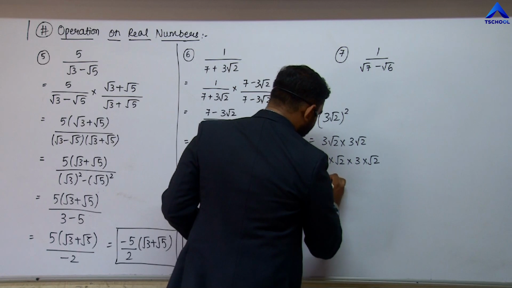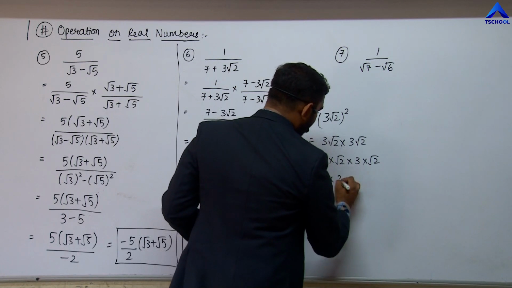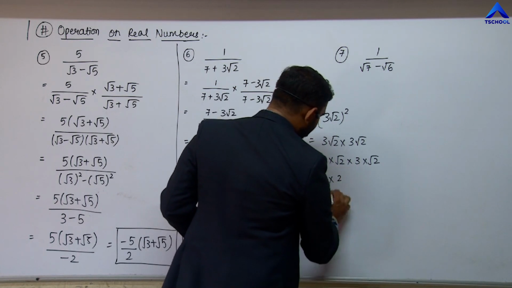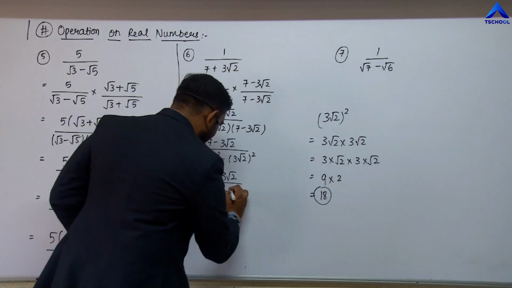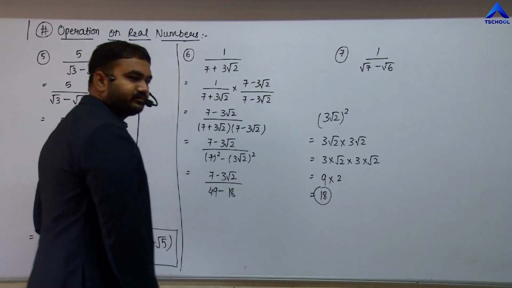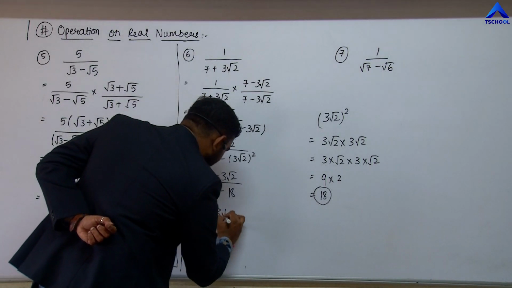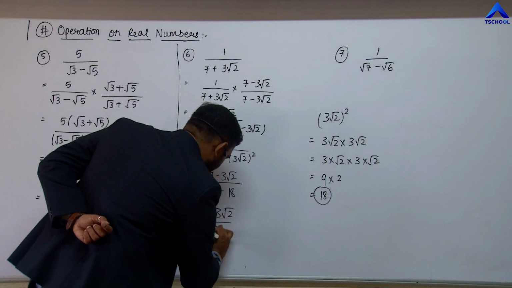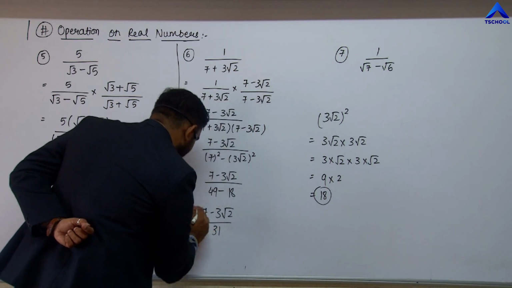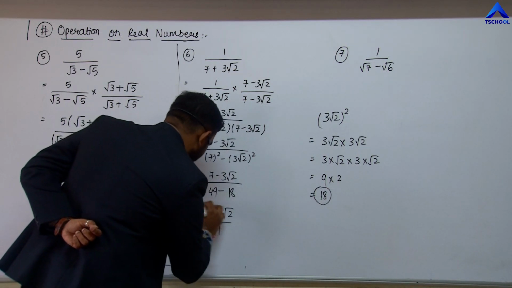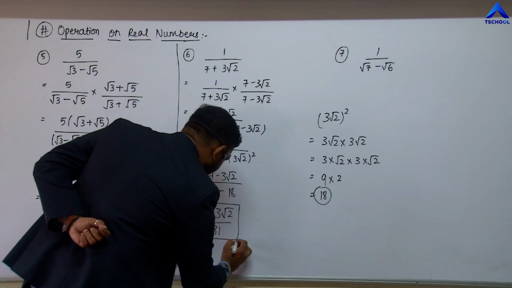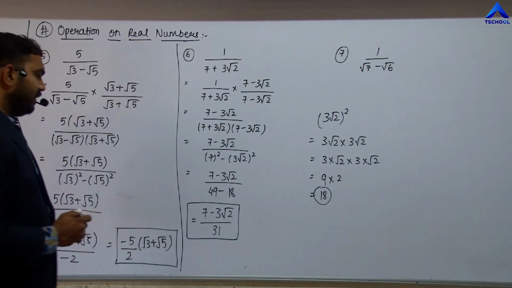So 3 into 3 is 9, multiplied by root 2 into root 2 is 2, which is equals to 18. So you can simply write down 18 here. Right? So that gives me 7 minus 3 root 2 upon 31, and that is the answer, I think. 7 minus 3 root 2 upon 31.